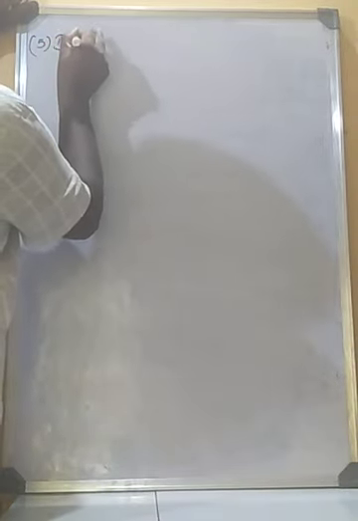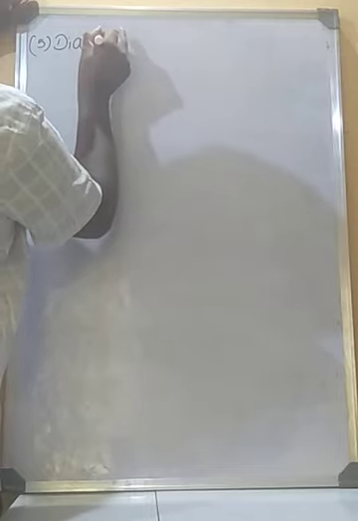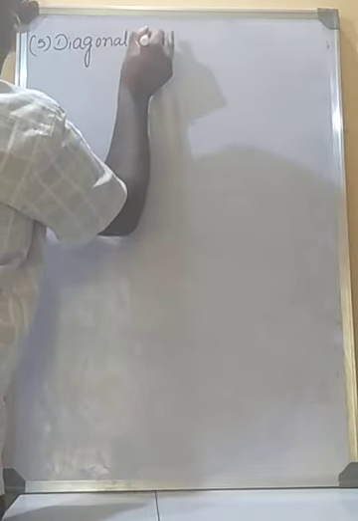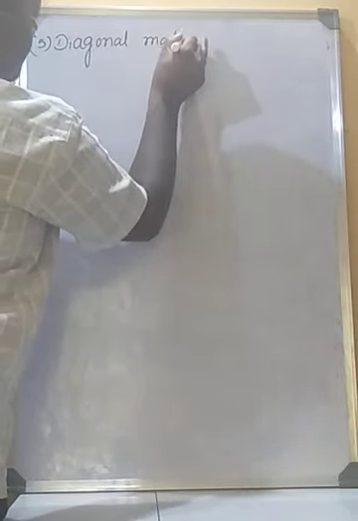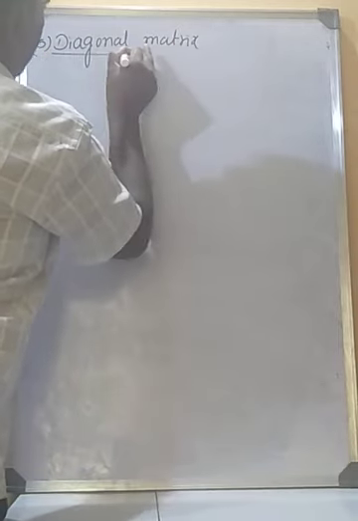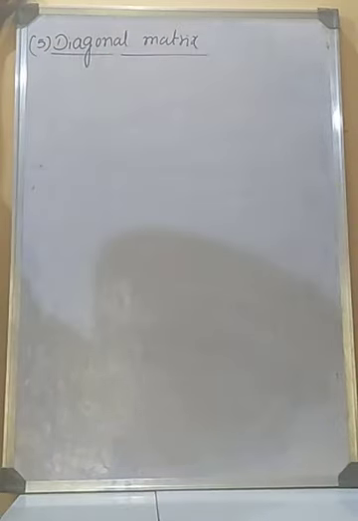The next type, diagonal matrix. What is a diagonal matrix? You know that in a square matrix the number of rows is equal to the number of columns.